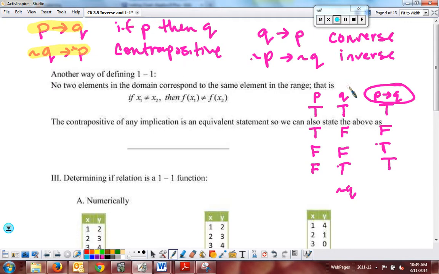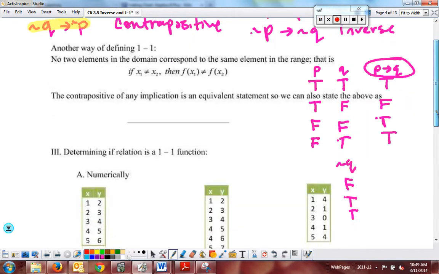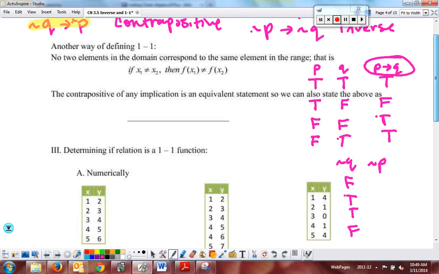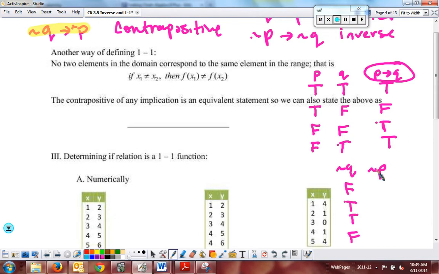All right, so what's not Q? Can I do the same four cases I have up here? So I can go false, true, true, and false. I'm going to do not P over here, since I like to go in that order. Not P would be false, false, true, true. Just taking my cases I had up here and writing them down. All right, so let's talk about not Q implies not P. I didn't buy you donuts. You didn't get hundreds.